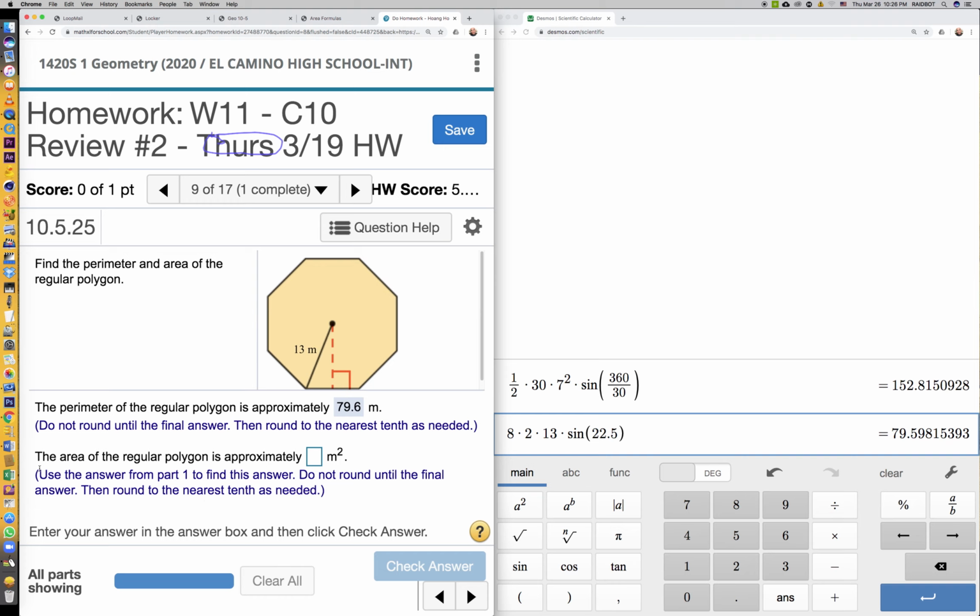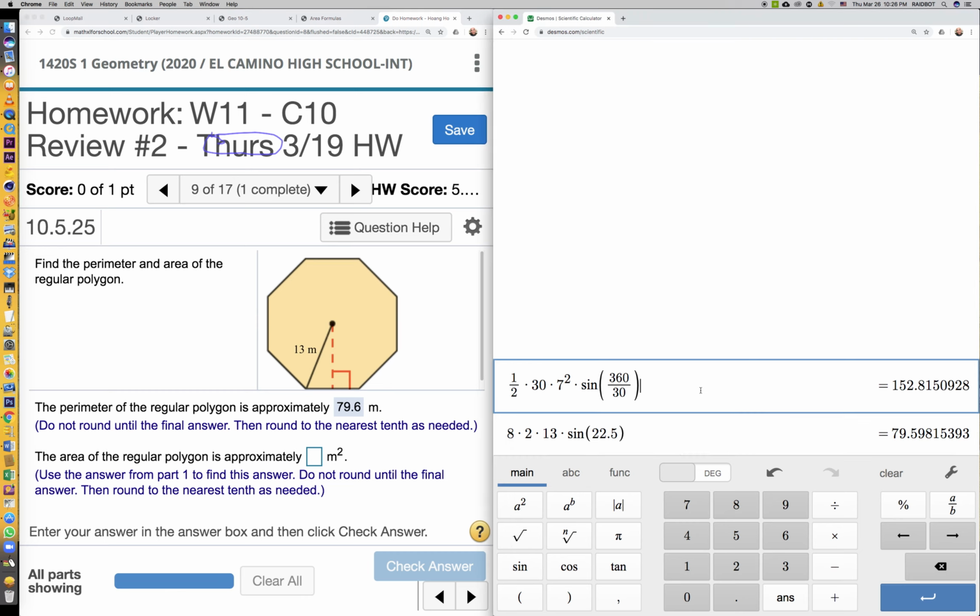Now the next question is find the area of the regular polygon. Okay. So in this, you know, the octagon, you only know the radius. So I can go back and use the previous formula. This formula right here. Here we go. You see that?